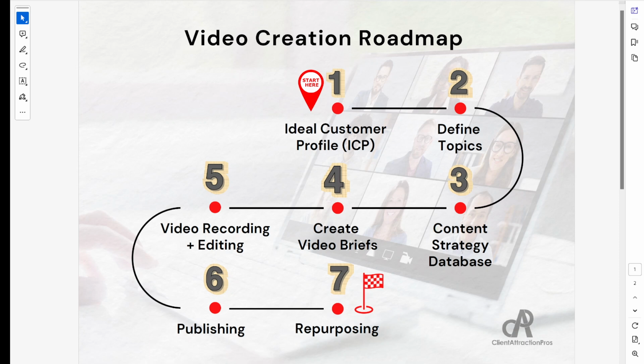From there is our content strategy database. Internally, we call that an ASQ framework, which stands for Answer Specific Questions. Yes, really great with naming conventions. Really simple stuff. But we take all of those questions once we define the topic and we put them all together, and now we look at how they group together, how they are related to each other, and start to see some of those correlations.